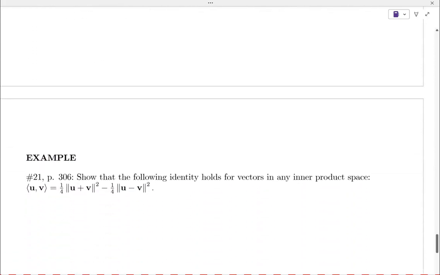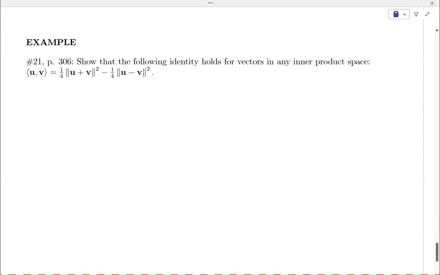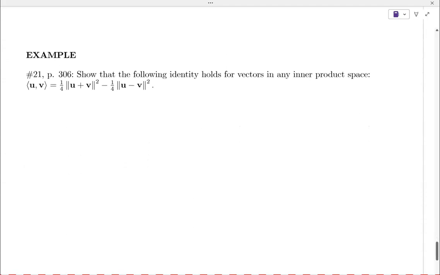This last one is basically playing around with the same ideas. This one says that I can rewrite the inner product of U and V as 1/4 of the norm squared of the sum minus 1/4 of the norm squared of the difference.